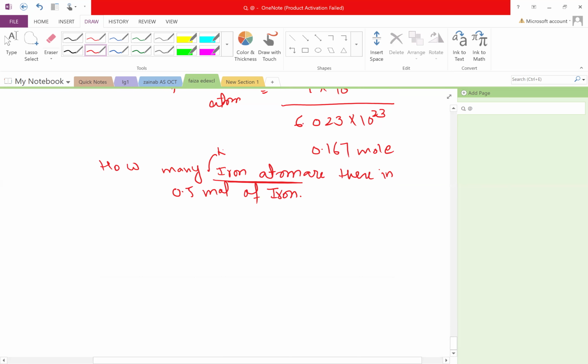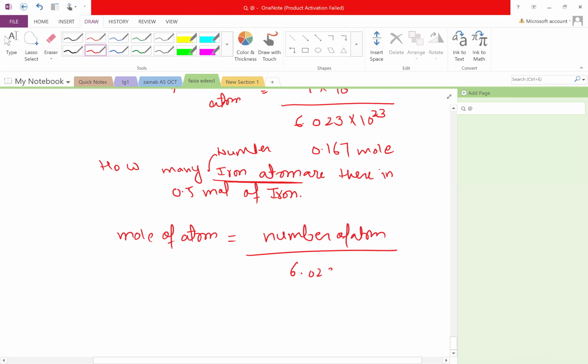Same formula: moles of atoms is equal to number of atoms divided by Avogadro's number, which is 6.023 into 10 raised to power 23, isn't it? Now, what is given in this formula?